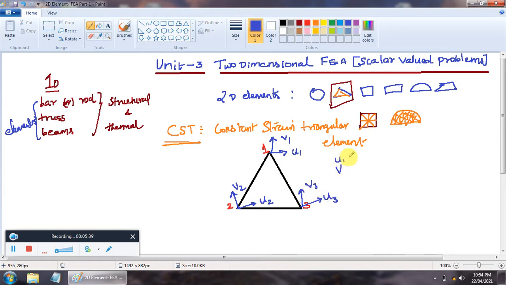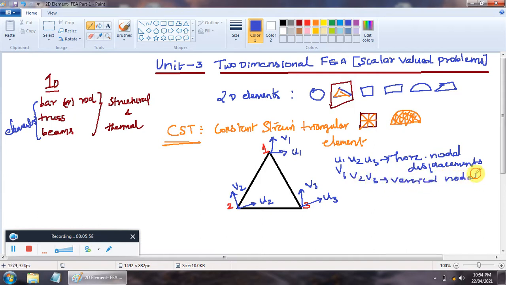All of u1, u2, u3 are the horizontal nodal displacements, and v1, v2, v3 are the vertical nodal displacements.